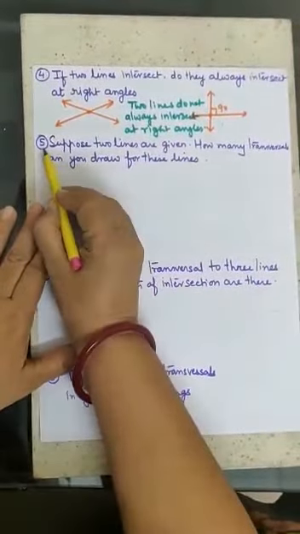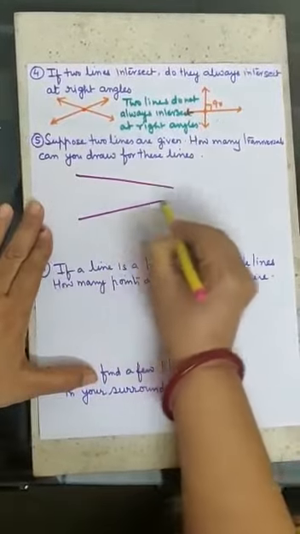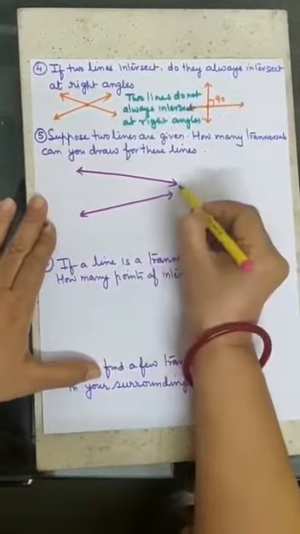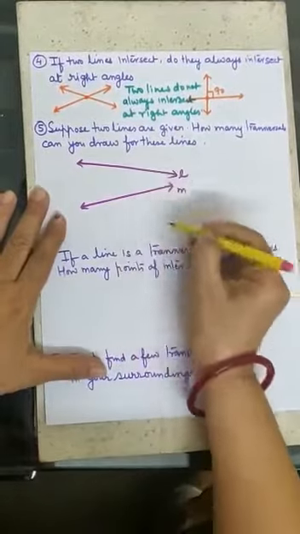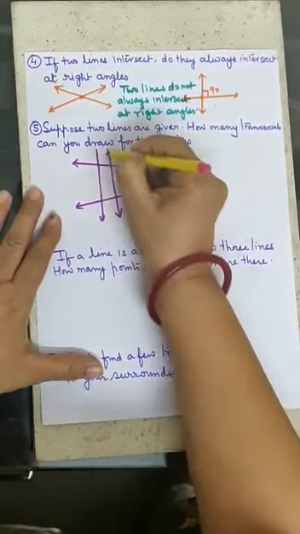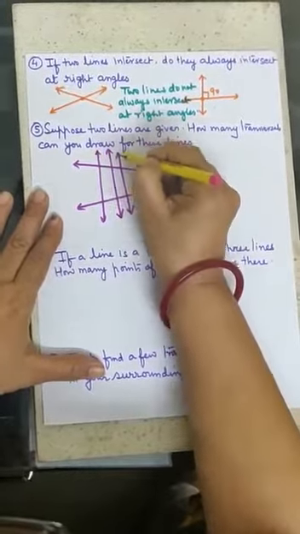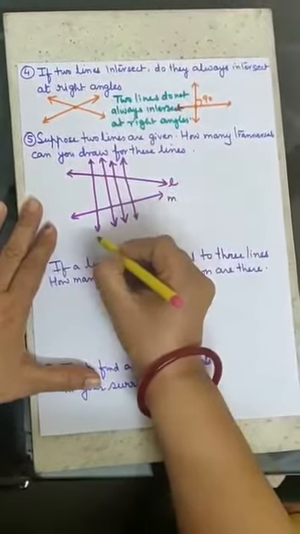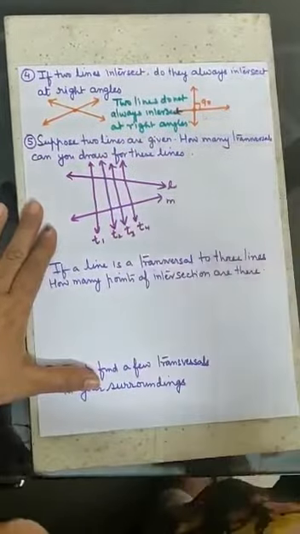Yes, question number 5. Suppose two lines are given. Let us draw two lines, L and N. How many transversals can you draw for these lines? We can draw, so we see we can draw any number of transversals, say T1, T2, T3, T4, T5 and so on.